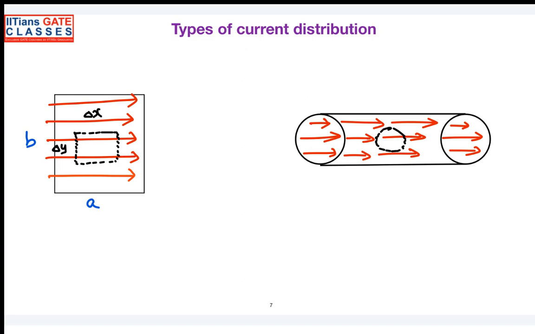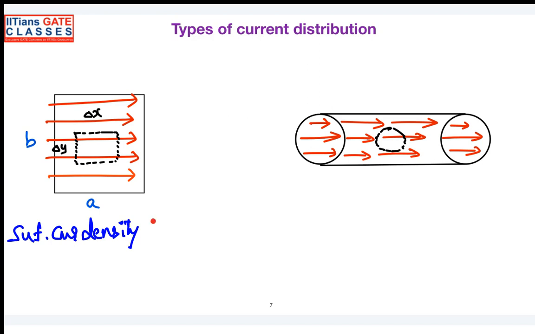That is an example of a surface current. When you apply a voltage across a metal whose thickness is considered negligible, the current flowing on the surface of the metal is considered a surface current. In the case of a surface current, instead of mentioning the current, there is one more parameter which characterizes it: the surface current density.